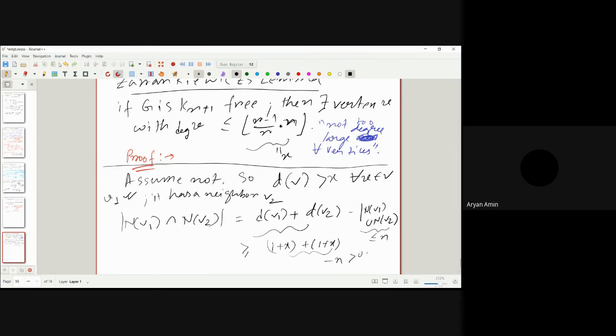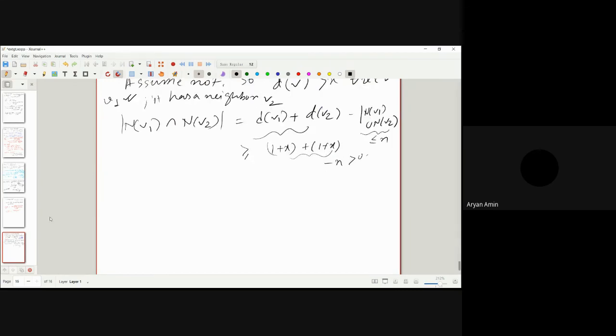In fact, this proof carries over; you can inductively define it. The main claim is that you can find v_k belonging to the intersection of N(v_i) for i from 1 to k-1, inductively for all k up to r+1.